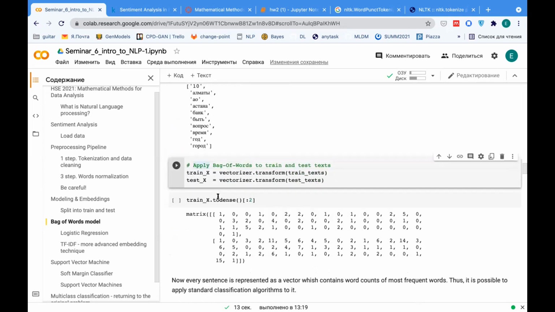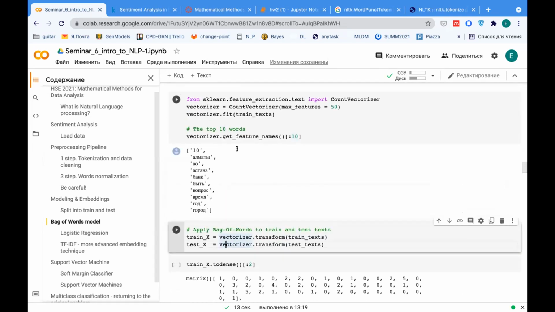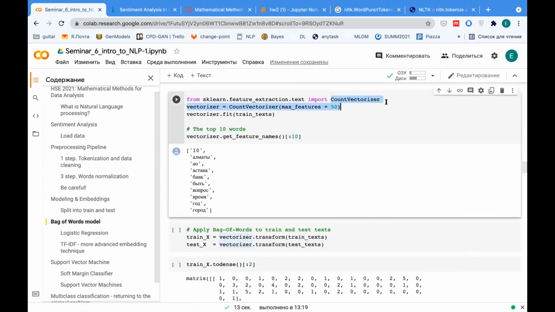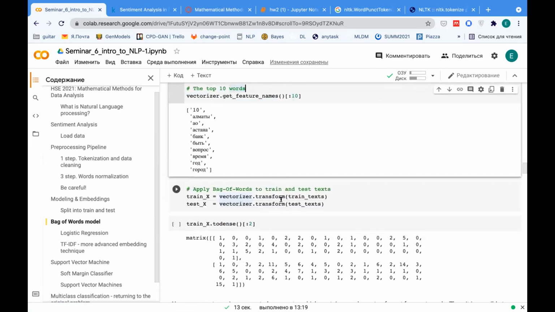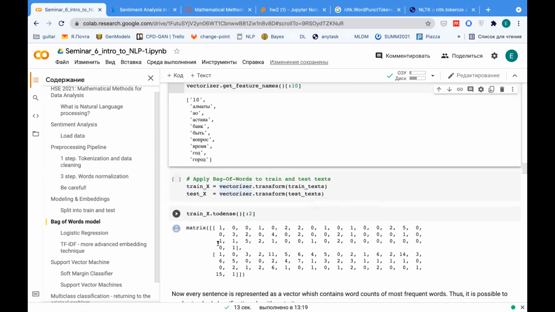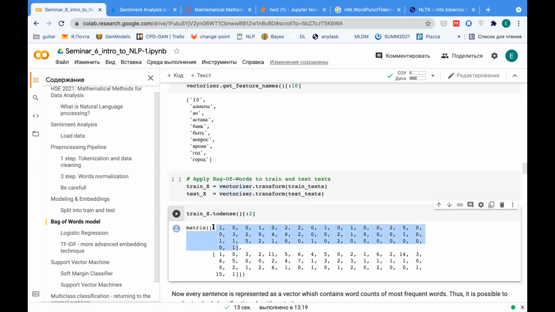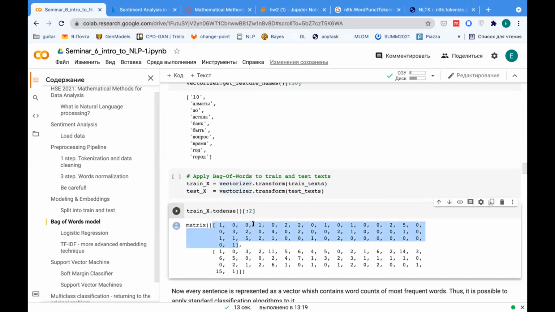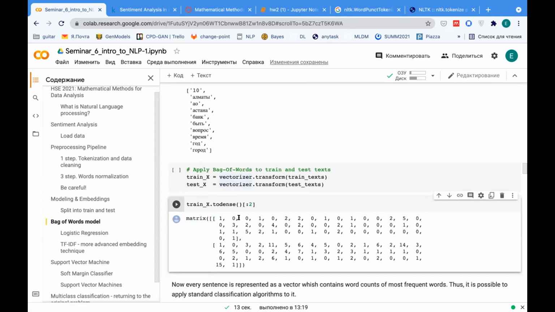Okay, so if we apply this CountVectorizer to our text, we'll get some vectors. They have a length of 50. For example, this is the encoding for the first text. We can see that in some places we have different numbers.